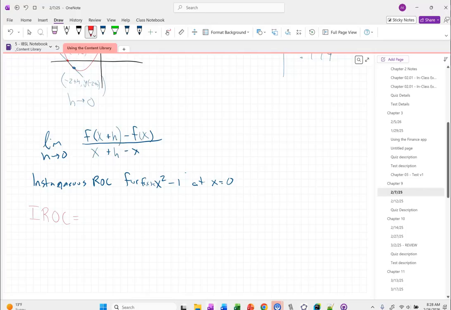So f of x plus h would be x plus h squared minus 1. And then minus f of x, so minus, and I have to make sure I put a parenthesis around that because I'm subtracting the whole thing, over x plus h minus x.